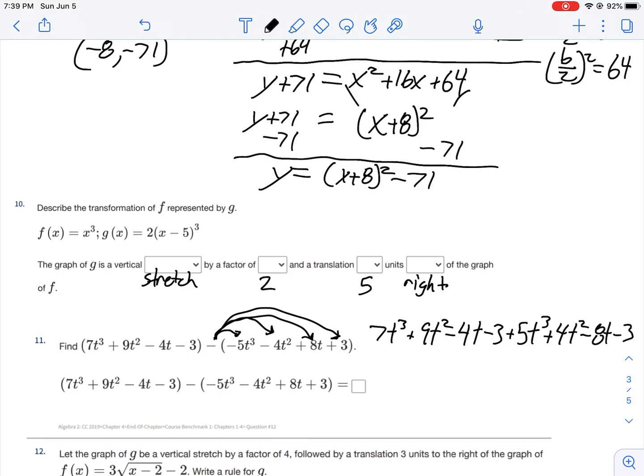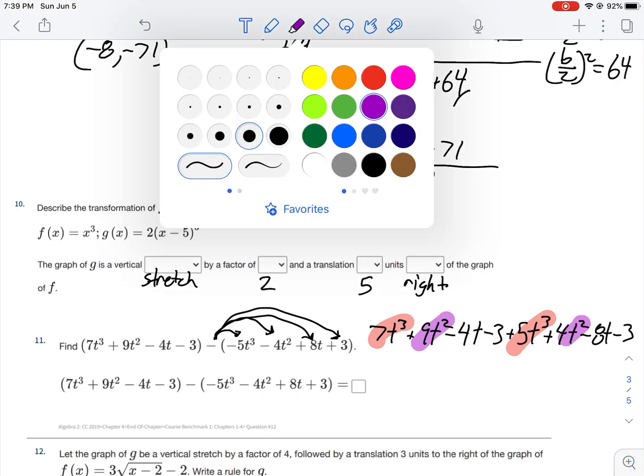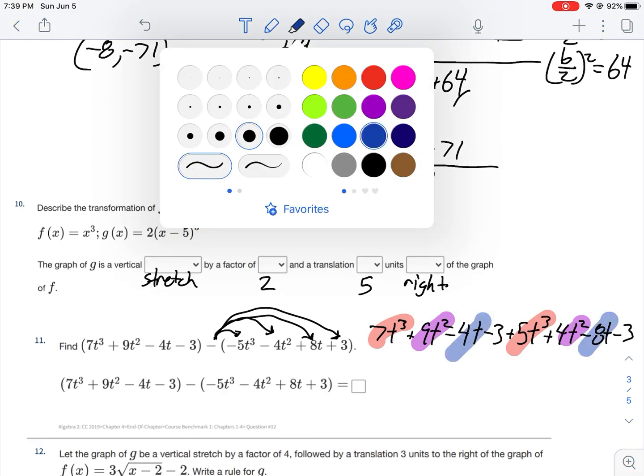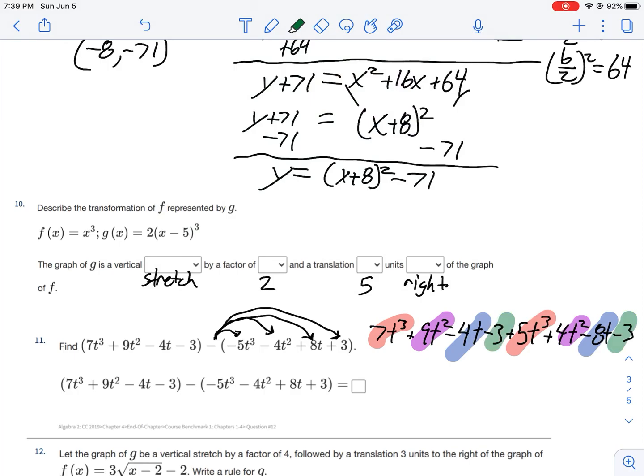All right, that's everything. Putting similar terms together, t cubed, t squared. We could have grouped these together from the start if we really wanted to. We will group them together here in a moment. All right, 7t cubed and 5t cubed, 12t cubed. 9t squared, 4t squared, plus 13t squared.